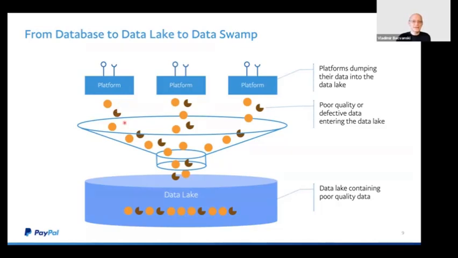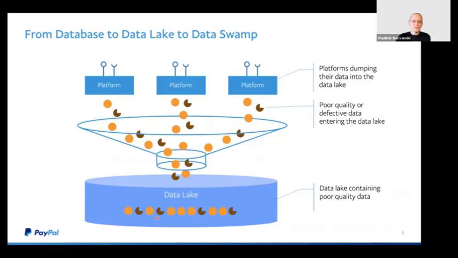Data like this is going to be collected and ends up in the data lake. So now your data lake has some data that is correct, and it has some data that is of poor quality. The consumers would like to use this data in the data lake, but then they are finding lots of problems, and they are not happy with the solution.